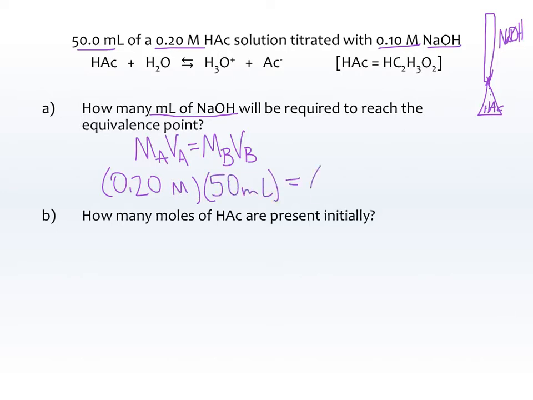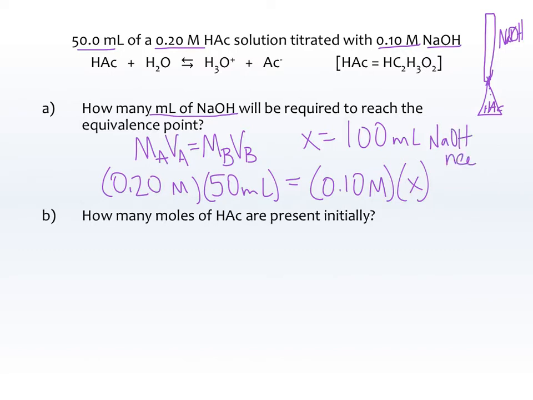And for the base, that is 0.1 molar, and who knows how many milliliters. So 0.2 times 50 divided by 0.1, we end up with 100 milliliters of NaOH needed to reach the equivalence point.